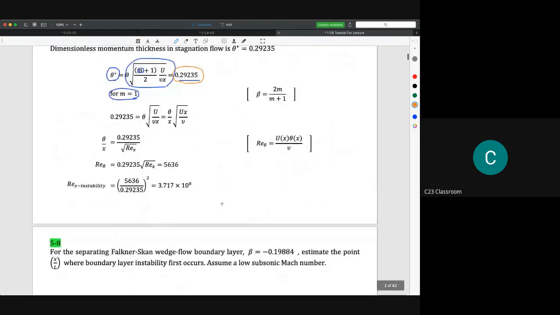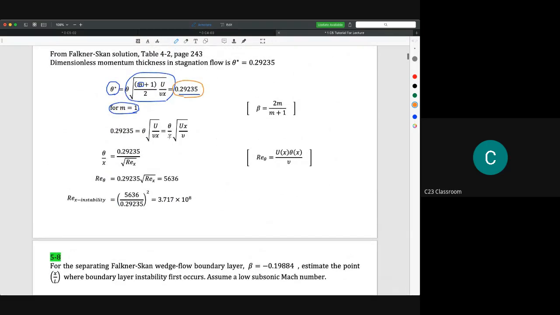We get theta over nu x, and we change this into a Reynolds number. We know that the Reynolds number is rho u x over mu, or it can be written as u x over nu. So this is the square root of u x over nu, which is the Reynolds number, so you could bring it here. It will have 0.29235 over the Reynolds number x.